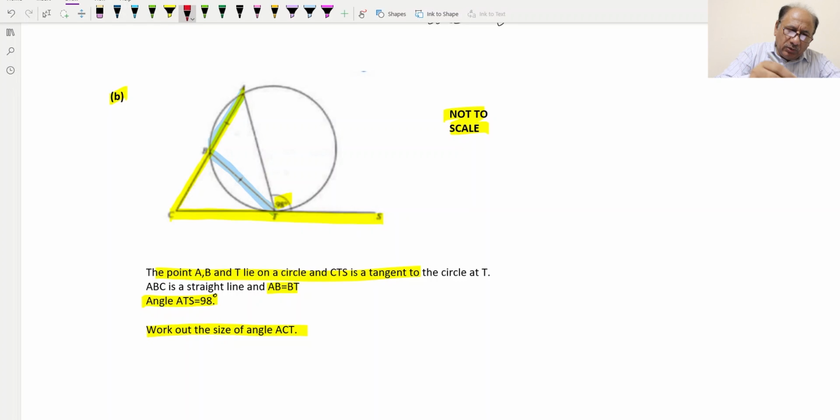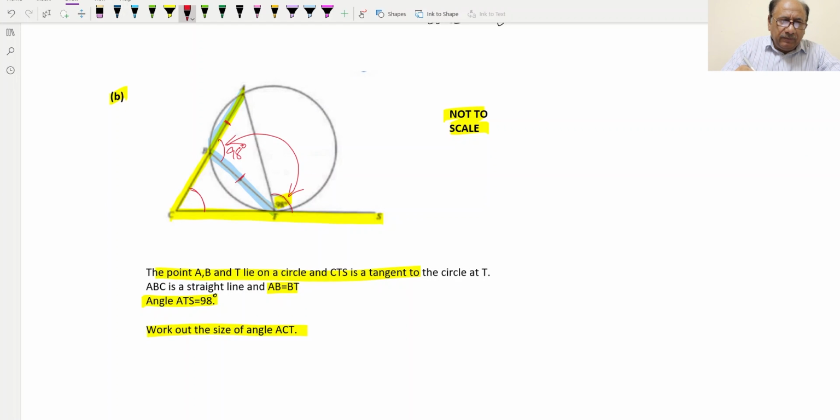Now, which angle is required? ACT is this angle which is required. We know these two sides are equal. This side is equal to this side, and we can figure out this angle is 98, and by the alternate segment theorem this angle will be equal to this angle, which will also be 98 degrees.